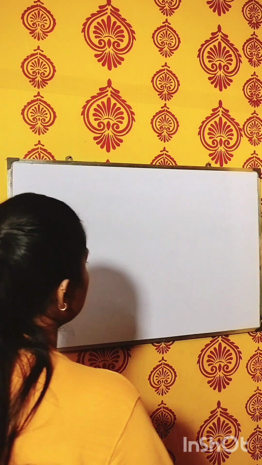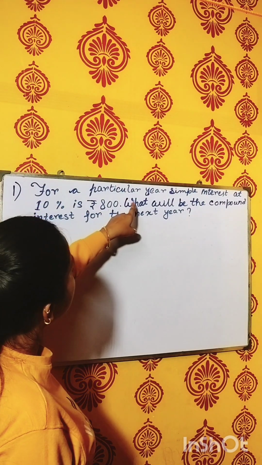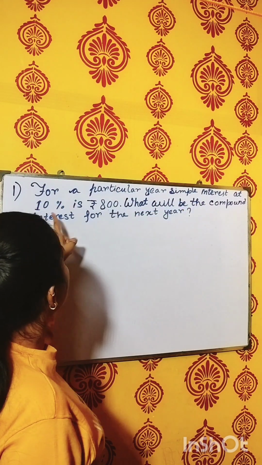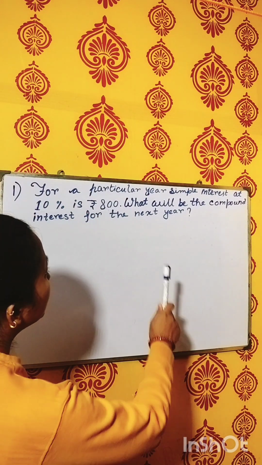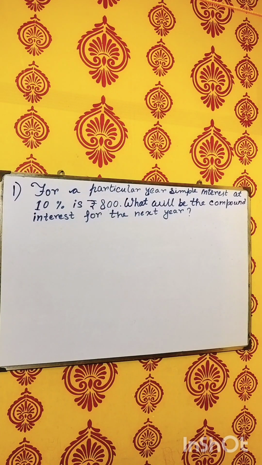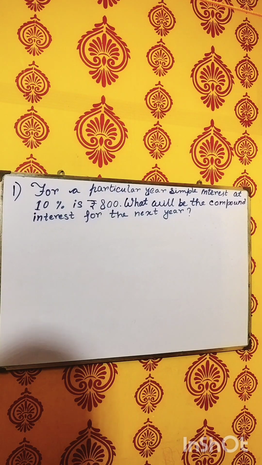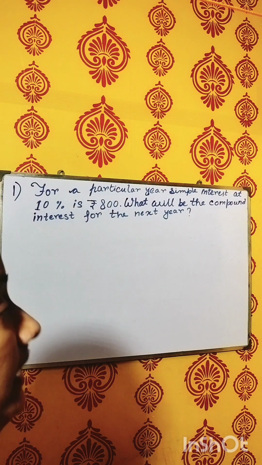Now we will go to the exercise and let's start the sums. Okay. Let's read the sum. For a particular year, simple interest at 10% is rupees 800. What will be the compound interest for the next year? Okay. As I have already told you so many times, we have to find out the data which are given.